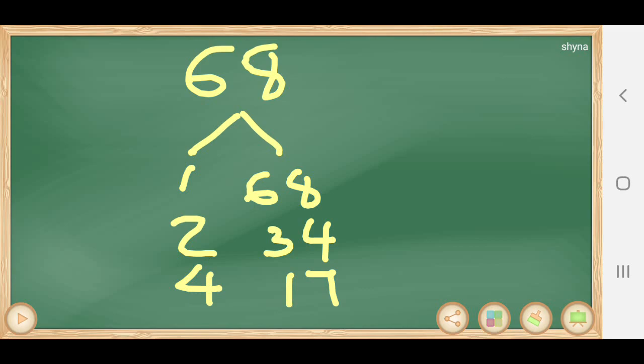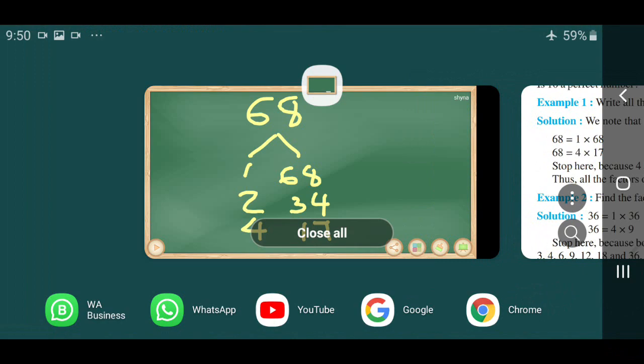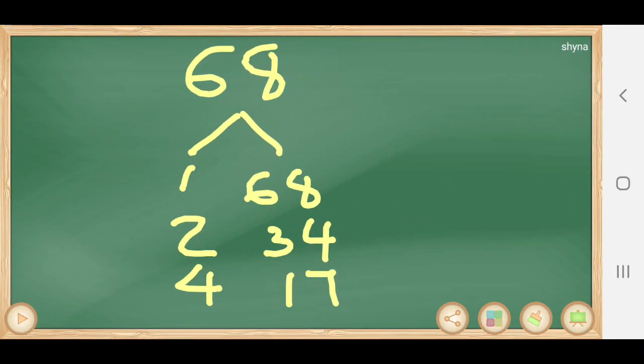Then 5 into nothing, 6 into nothing, 7 into, okay, so we can stop here. So the factors of 68 are 1, 2, 4, 17, 34, 68.